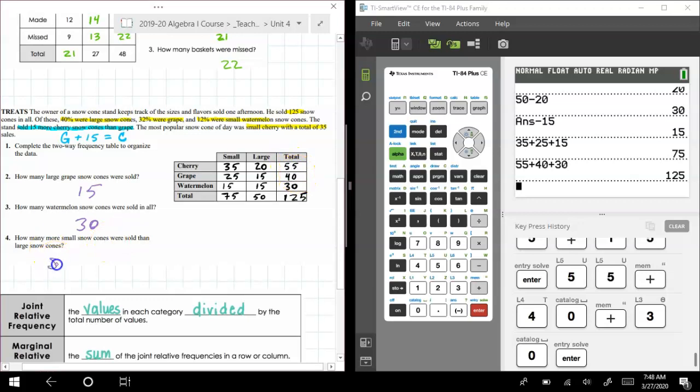So the total small is 75 and the total large is 50. So it's asking how many more small snow cones were sold than large. There's 25 more.